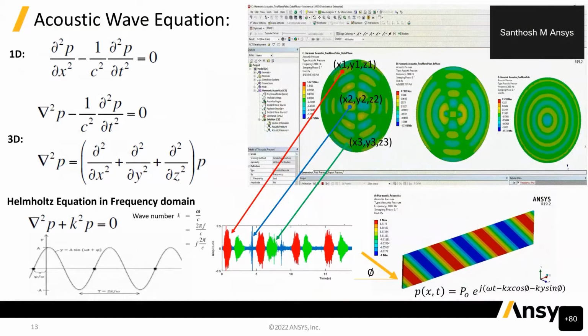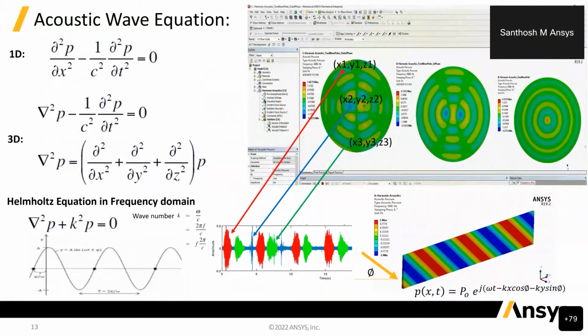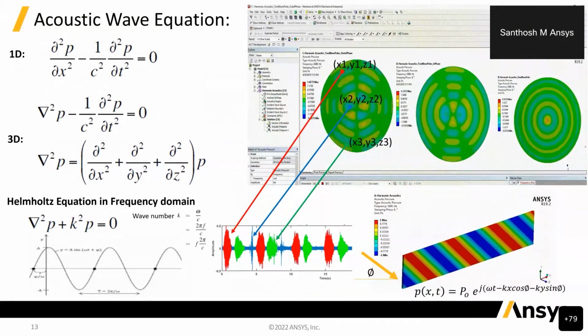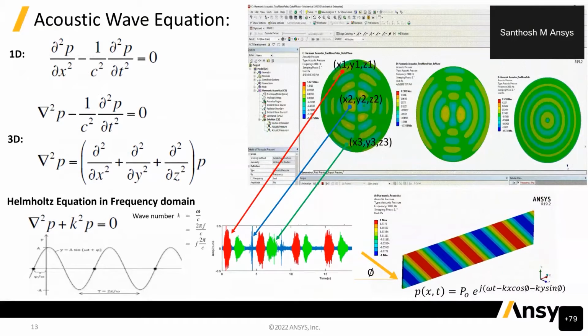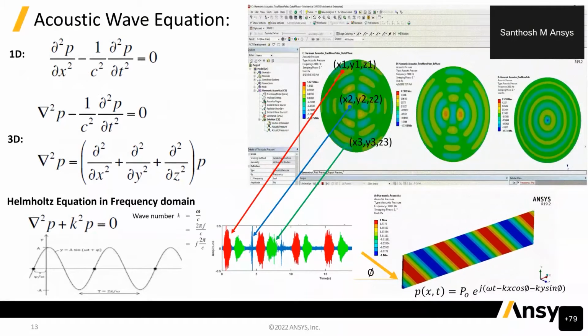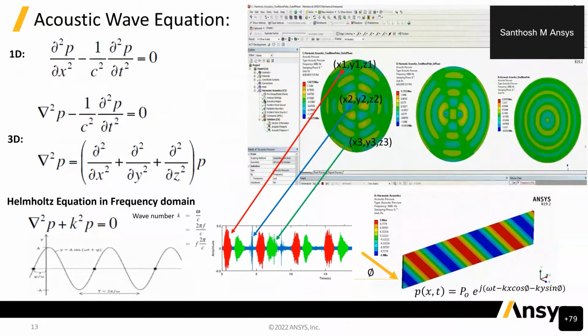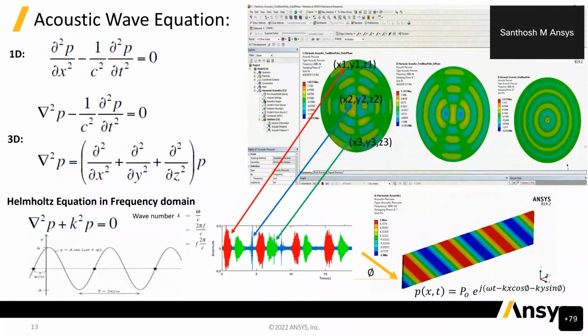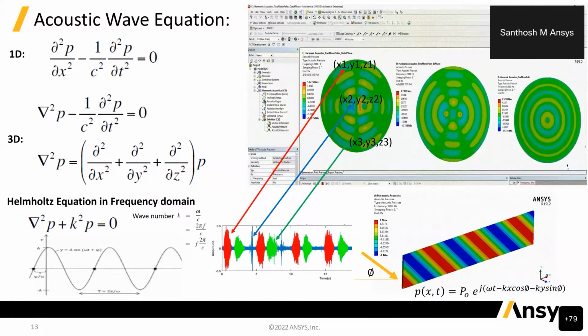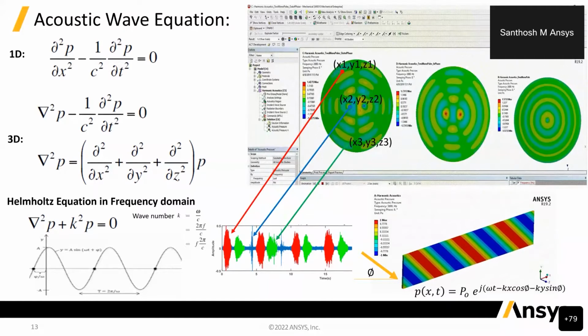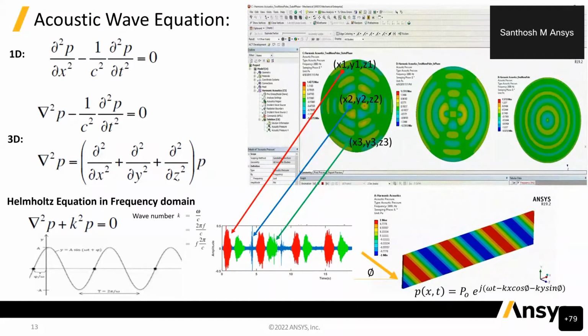What we are generally interested in is, at different spatial locations and at different times, how the acoustic pressure varies. To find this, we are going to solve the wave equation.